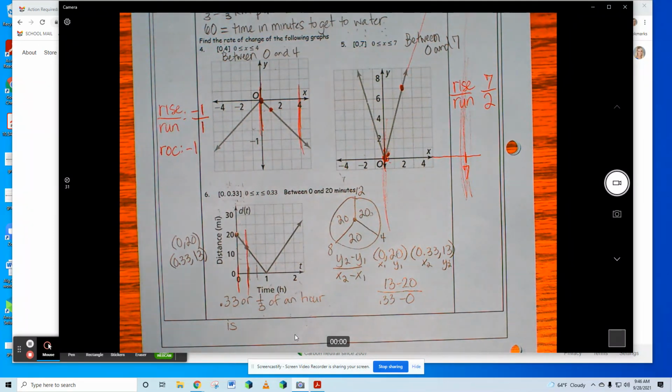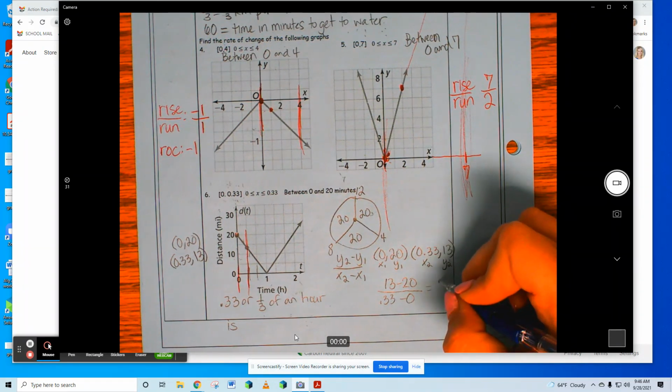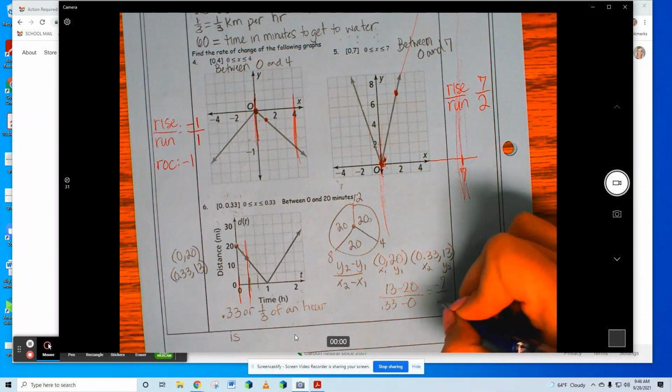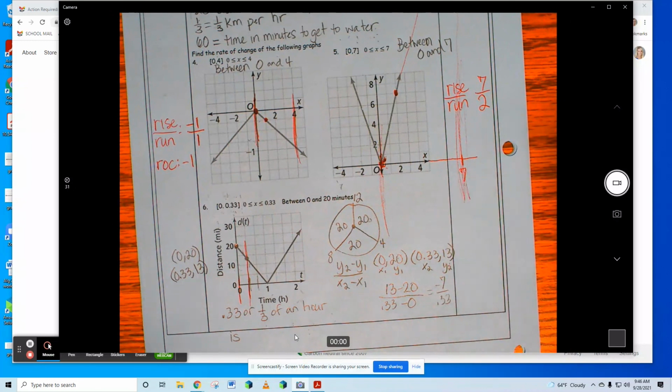This is the slope formula that you learned last year. -7 over 0.33. And I can just leave it like that. Okay?